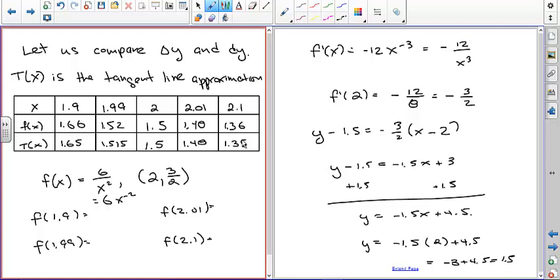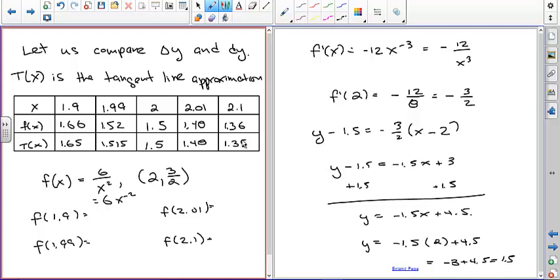So what you can see is that in this case delta x is negative 0.01. Here it's positive 0.01. They're pretty close. As you go further away from where you did the calculation of the slope, the linear approximation is not quite as good, but it's still pretty darn good. So if I took this number minus that number, that would be delta y.